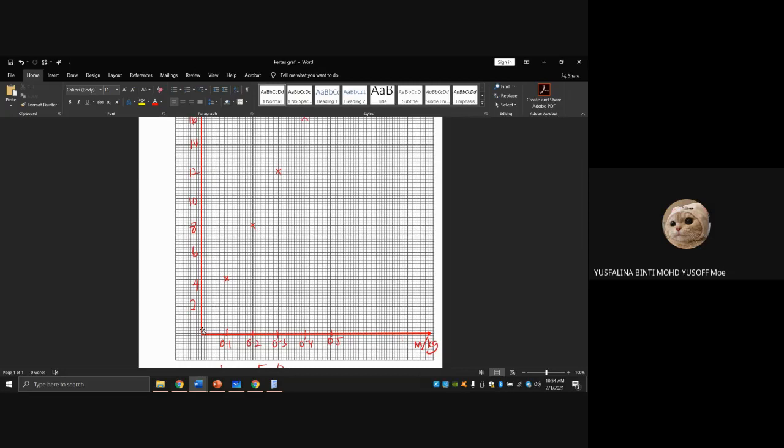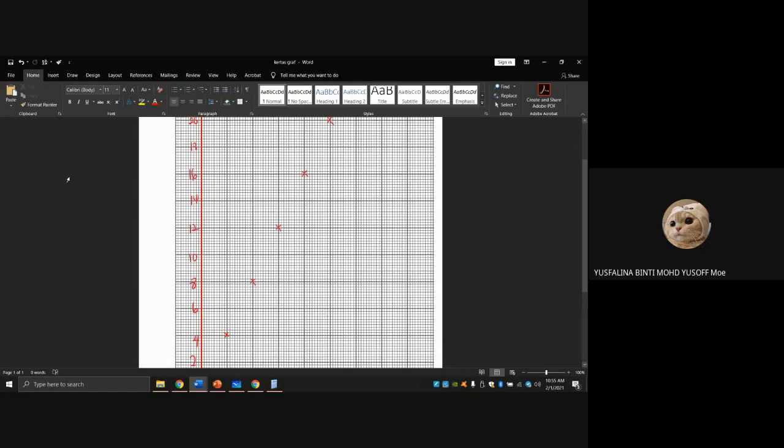But later if it's wrong and you want to change the scale, how? You use liquid paper? Better you use pencil, because later they say you used the wrong scale, and then if you use liquid paper, the graph is not so neat. Just use pencil, it's okay.